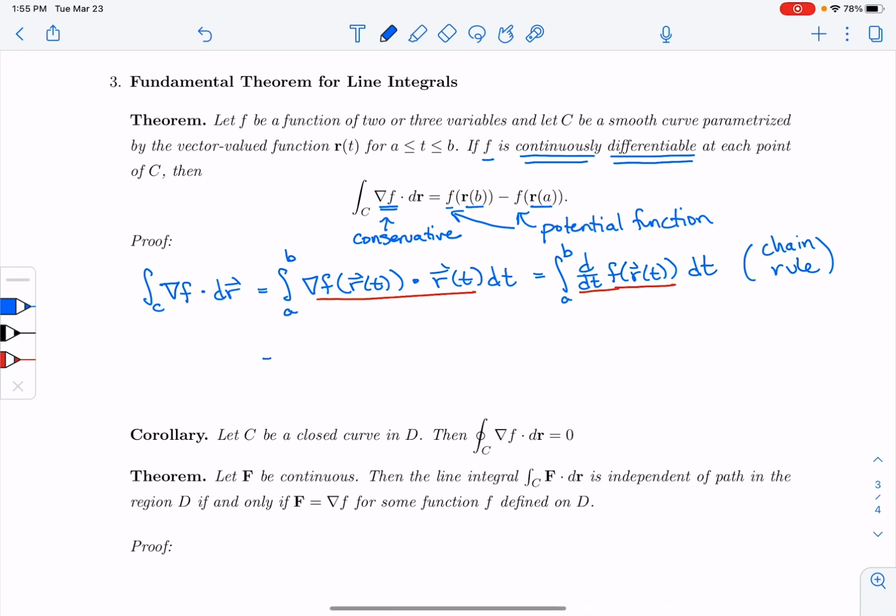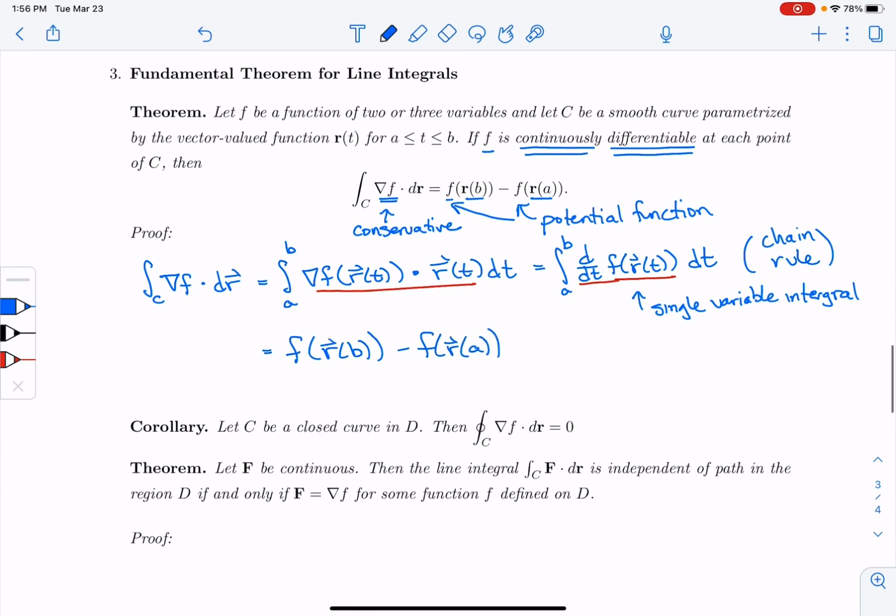Okay, well now what you should realize is this right here, this is a single variable integral. This is something we've done before. Okay, we have encountered these before. We can evaluate single variable integrals using the fundamental theorem of calculus, right? So the integral of the derivative of the function is going to be just the function itself. It's f of r of b minus f of r of a.